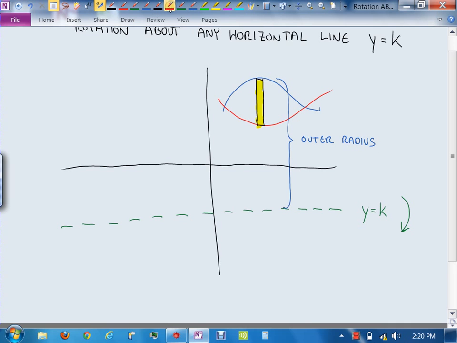And then the other one is going to be the inner radius. So I also have my A and B, don't I? I'm just going to write A, and then over here I'm going to write my B.